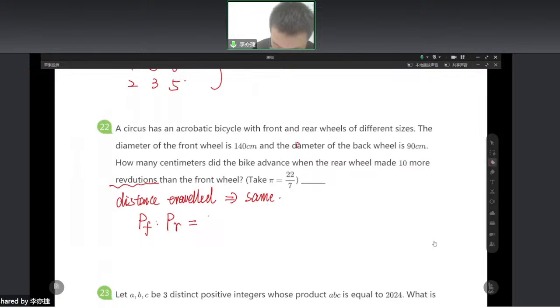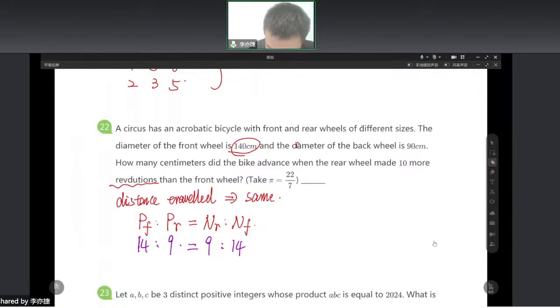So we know the diameter is 140 to 90, so the ratio of their perimeter is 14 to 9, which means the number of circles they rotate is 9 and 14, right?